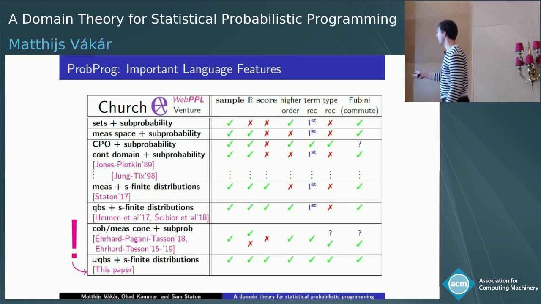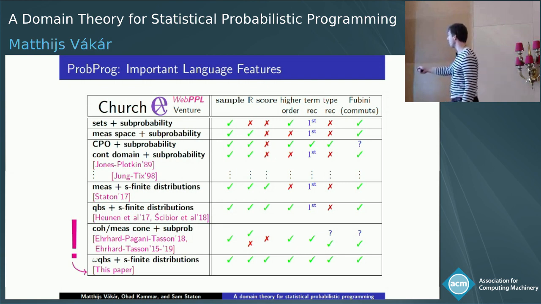Jones and Plotkin had some heroic work using cpos and sub-probability distributions, and they could model type recursion and term recursion. But as far as I'm aware, no one's proved the Fubini theorem at their level of generality. But they could show that it holds once you restrict yourself to commutative domains, to continuous domains. But the problem there is that that category is not Cartesian closed.